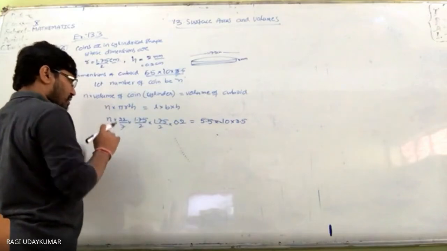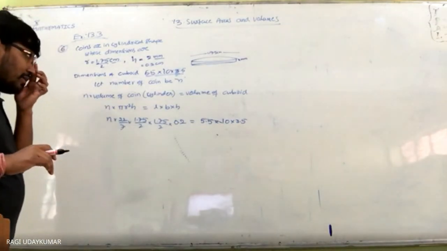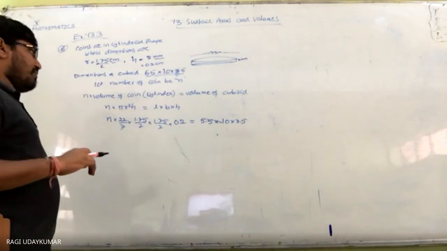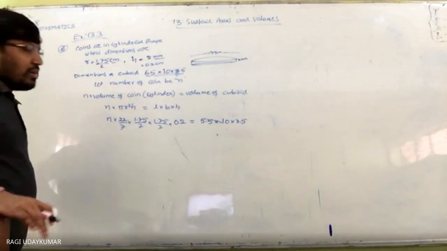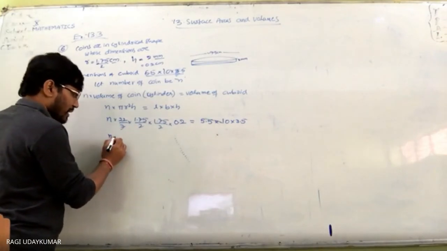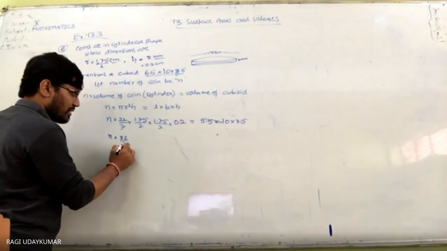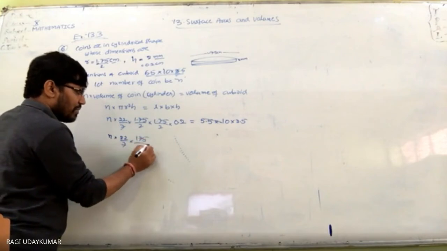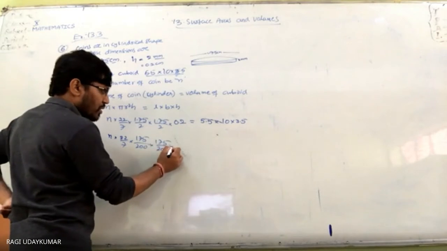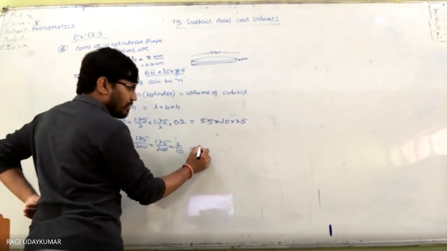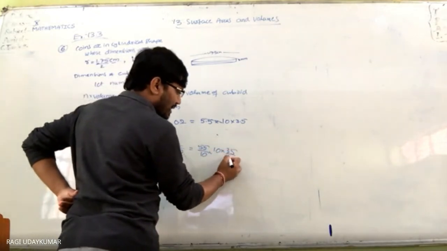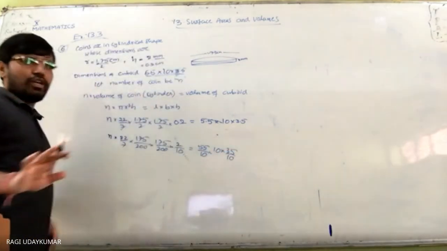If we cancel the 5, it will be 22. First avoid decimals, first remove the decimals. N is equal to 22 by 7 into 175 by 100 into 175 by 100, into 2 by 10, is equal to 55 by 10 into 10 into 35 by 10. So that confusion will not be there.